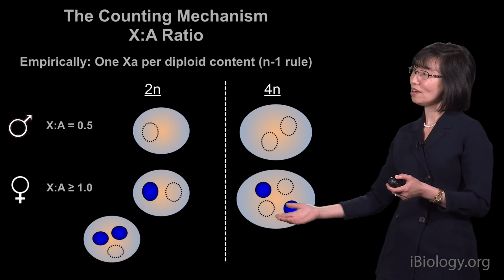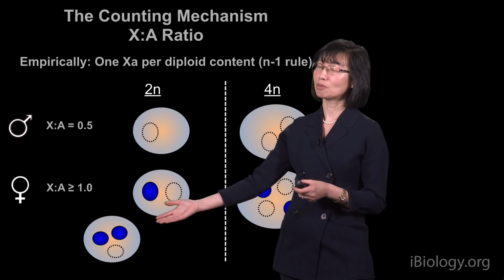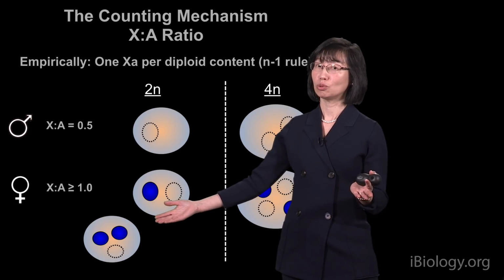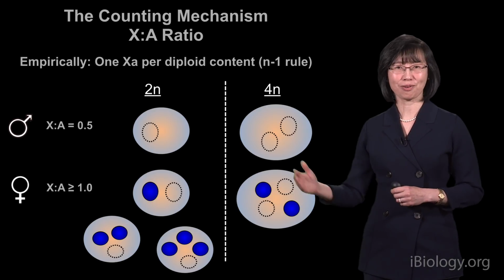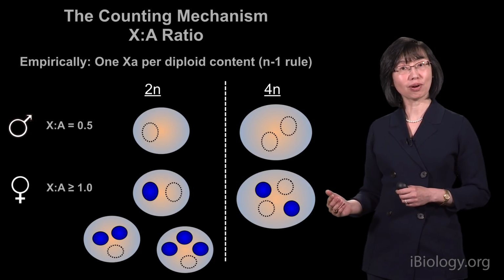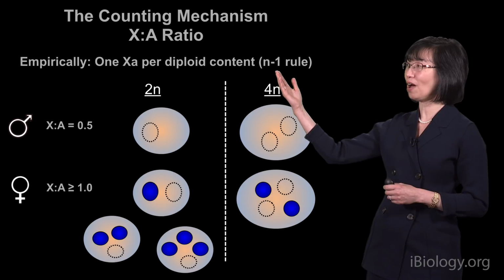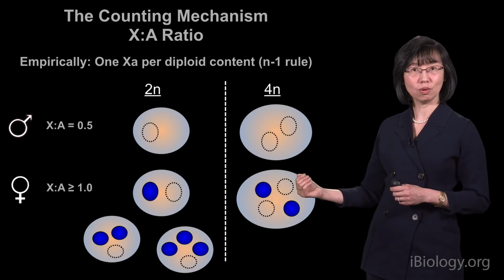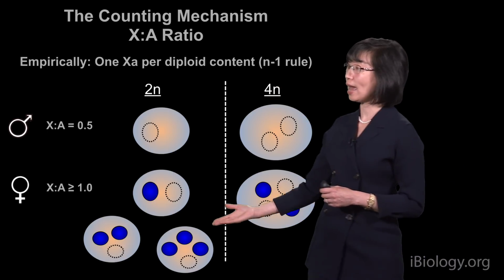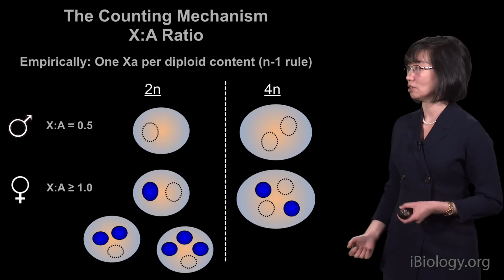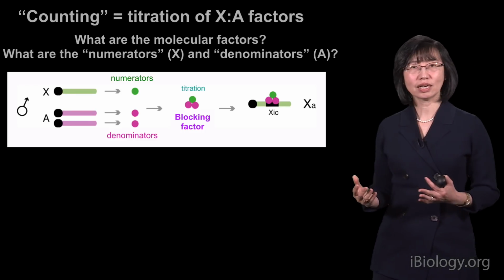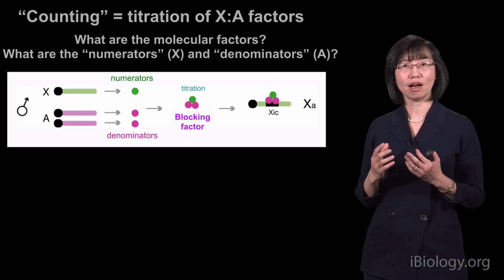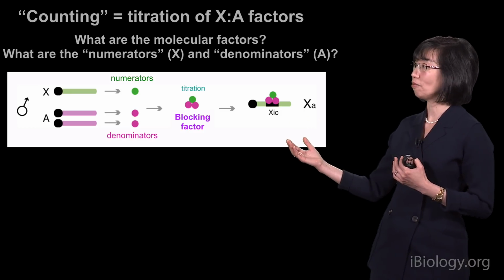And furthermore, if the diploid had 3 X chromosomes, it will inactivate 2 out of the 3, and if she has 4 X chromosomes, she'll inactivate 3 out of 4. And so the point is that cells follow this n-1 rule in a diploid content, and every cell makes the determination for itself. And we also mentioned that counting is most likely a titration of X-linked and autosomal factors.